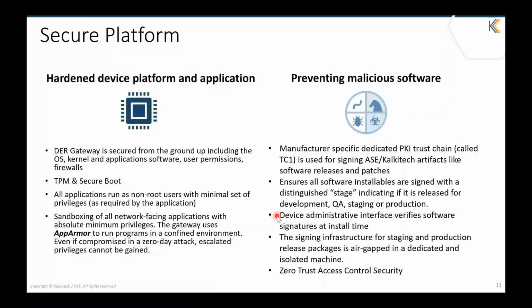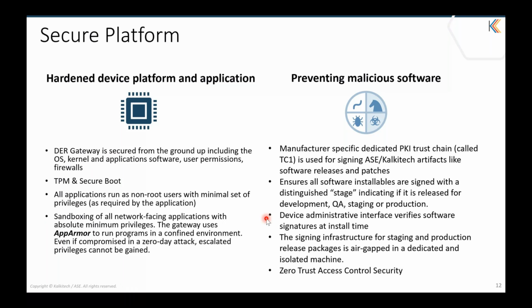Moving on to the details of the security aspects of the gateways, especially. There are different hardware variants of the gateways, and we'll see all the hardware variants in the coming slide.